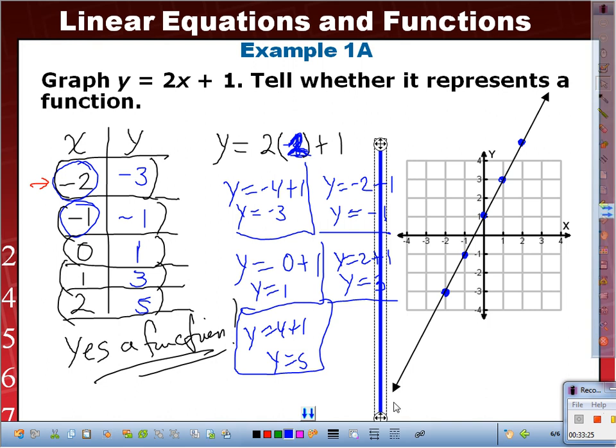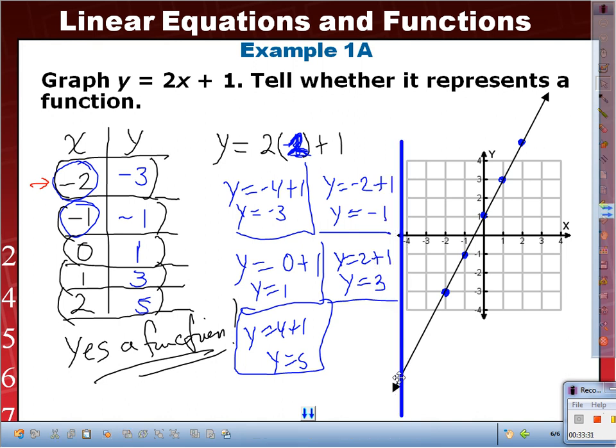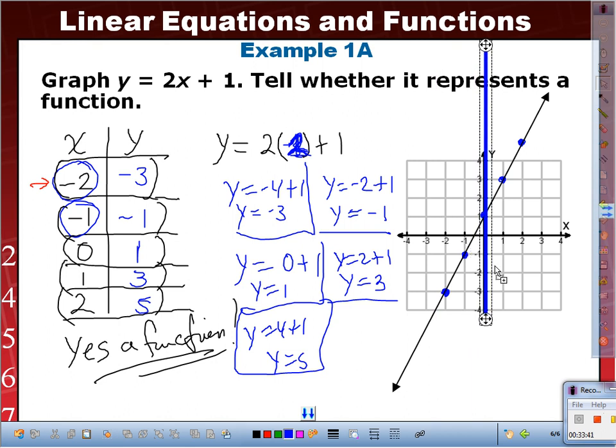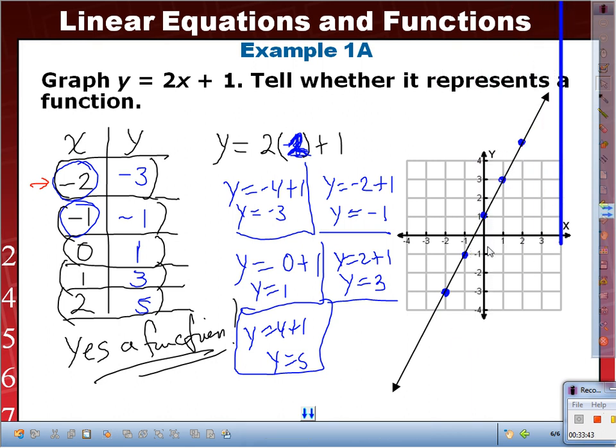Let's see. It touches only at one point there, at one point here, 1 point there, 1 point, 1 point, 1 point, 1 point, 1 point. Therefore, this is a function. We got it?